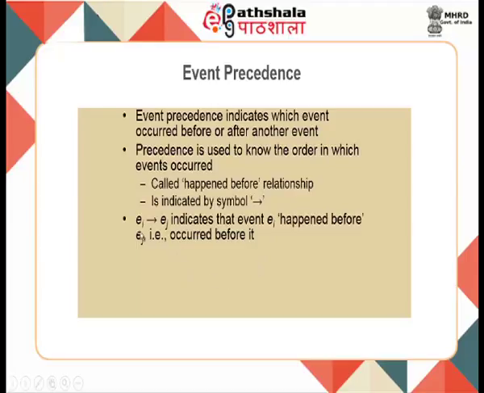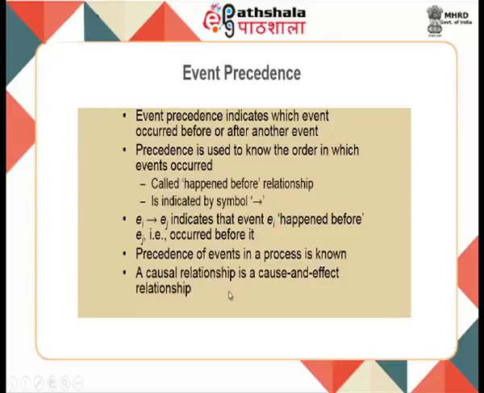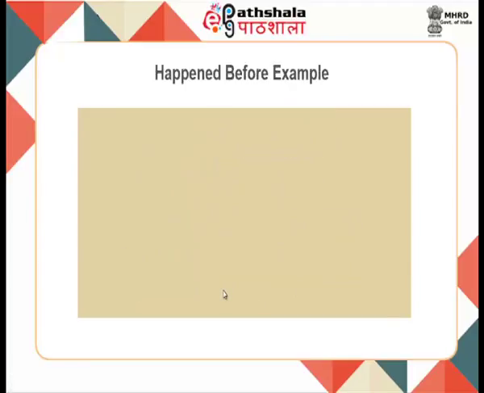When we say Ei happened before Ej, we mean that Ei is an event which has occurred before the event Ej, irrespective of where Ei and Ej have occurred. The precedence of events in a process is known, and this cause and effect relationship is captured by the happened-before.